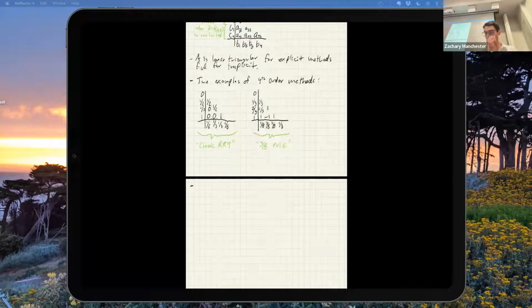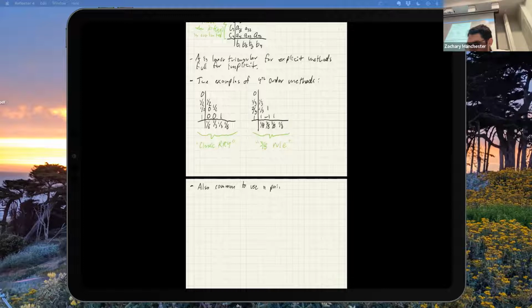The other main thing that you should know about is adaptive or variable step Runge-Kutta methods. And this is what ODE45 is doing. The idea there is you use a pair of Runge-Kutta methods of different orders. So ODE45 uses a fourth order and fifth order method together.